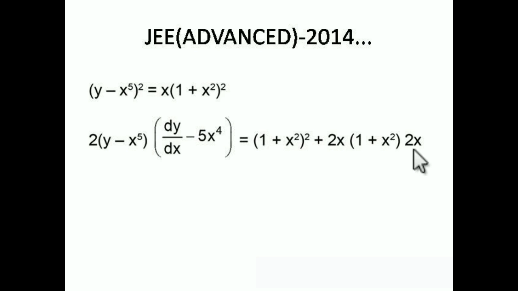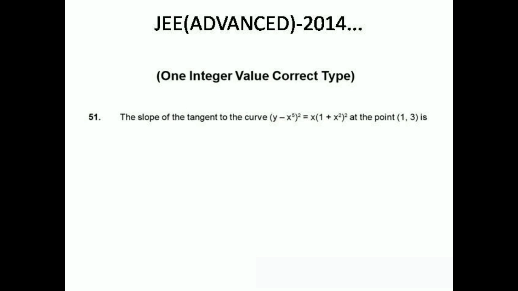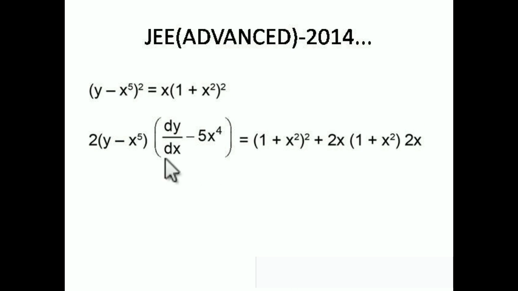Now we have to find the slope at (1, 3). At (1, 3), that means x equals 1 and y equals 3. So just put x equals 1 and y equals 3 everywhere.